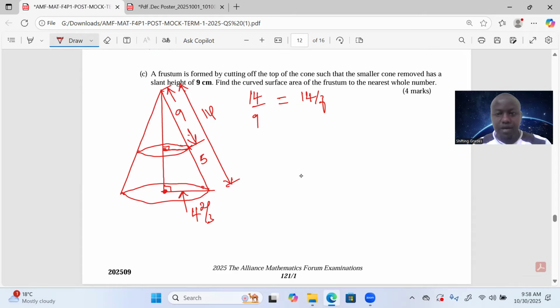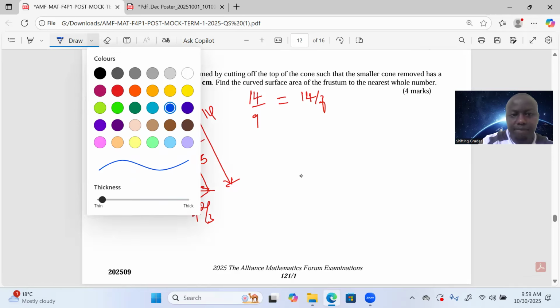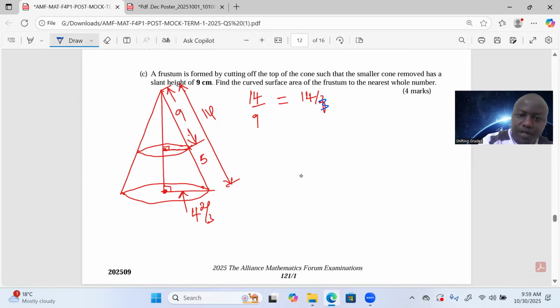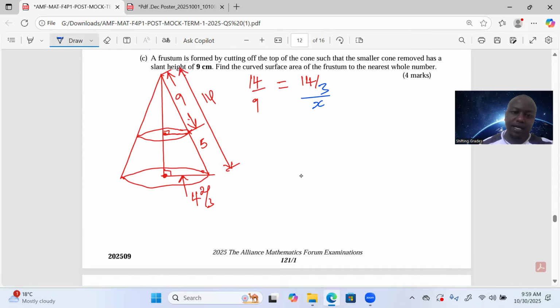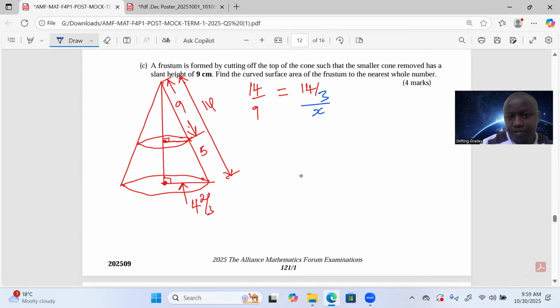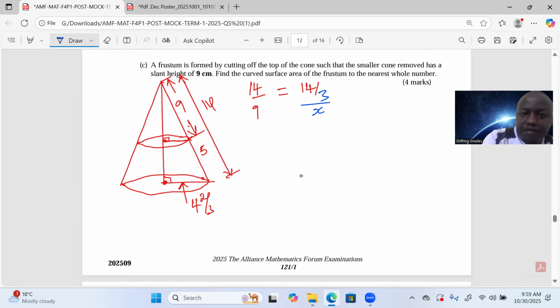14/3 out of an unknown radius there, the small radius that was cut off. Therefore, we can multiply 14 by x after cross multiplying, which equals 9 times 14/3.